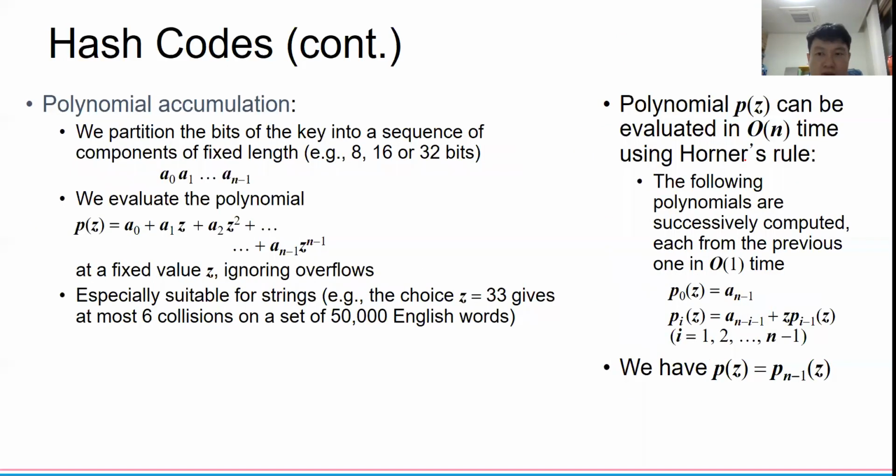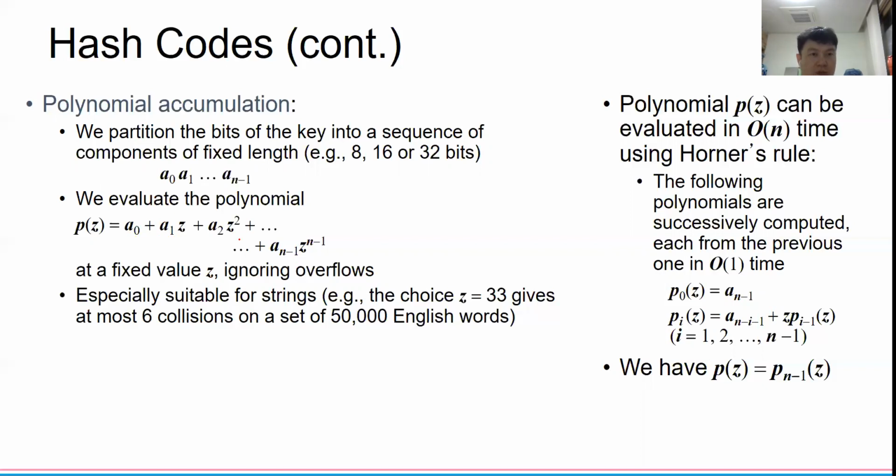Or you can use another way, polynomial accumulation. What is polynomial accumulation? You have A0, A1 until AN, the partition of the bits, and you form the polynomial A0 plus A1 z plus A2 z to the power of 2 and so on.